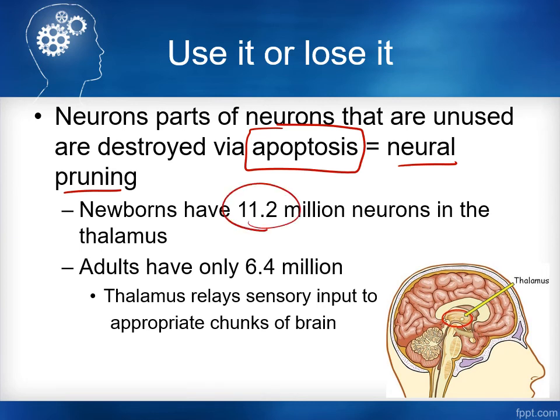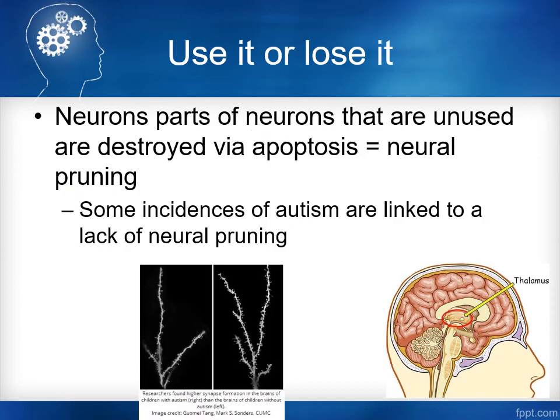So newborn babies have 11.2 million neurons in their thalamus. We think this is where a lot of our long-term memory is stuck. Adults only have 6.4. So we definitely have a reduction in the number of nerve cells in the thalamus. And I alluded to this a little bit earlier.